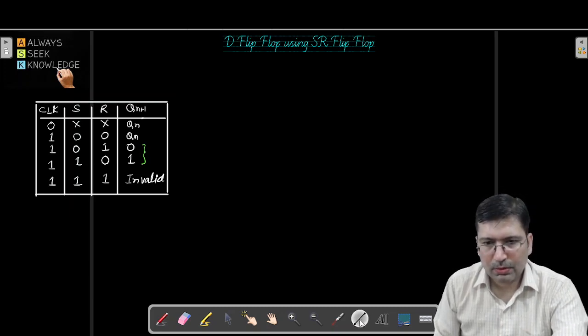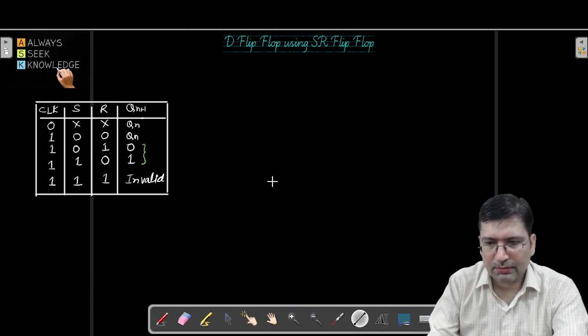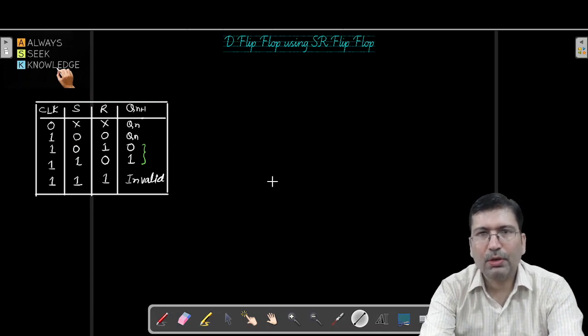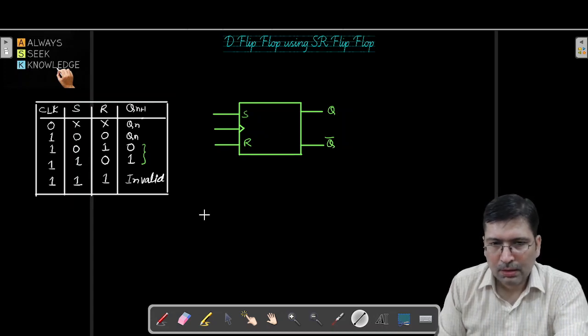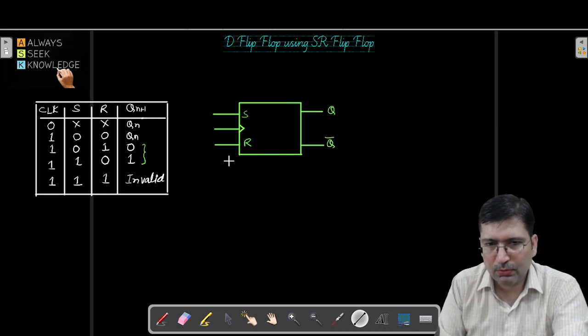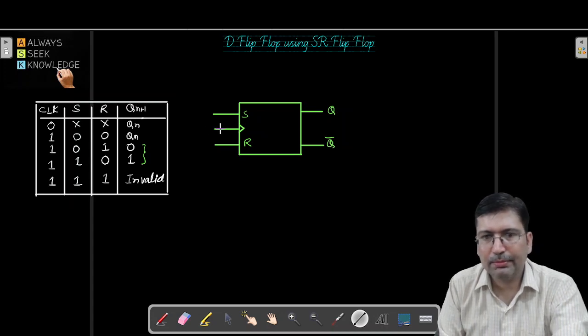So if we draw the block diagram of SR flip-flop, it will look like this. This is the SR flip-flop. Now, we do not want S and R to both get the same value. And if we want to turn it off or preserve the memory element, we can do that by making the clock low.